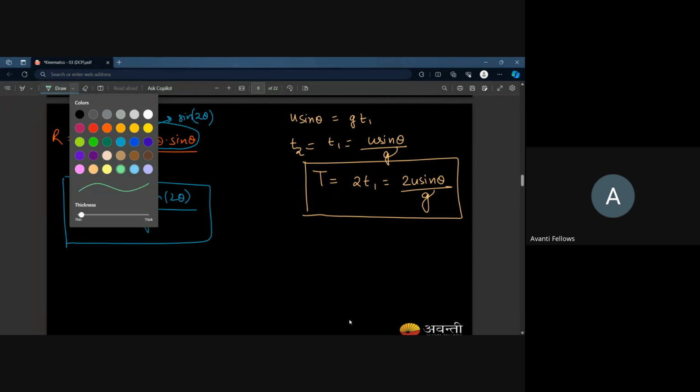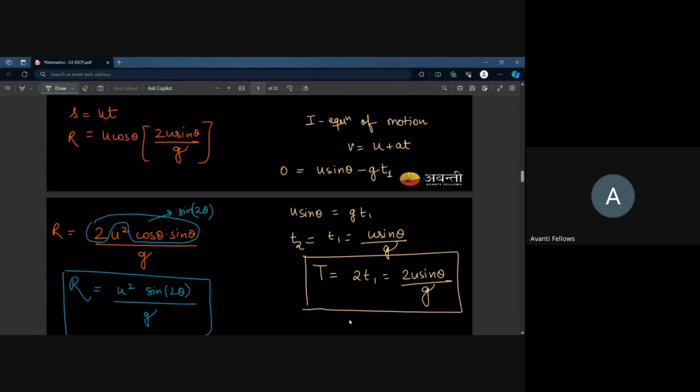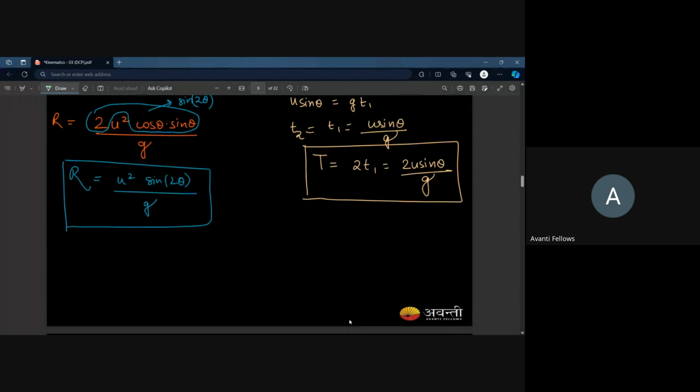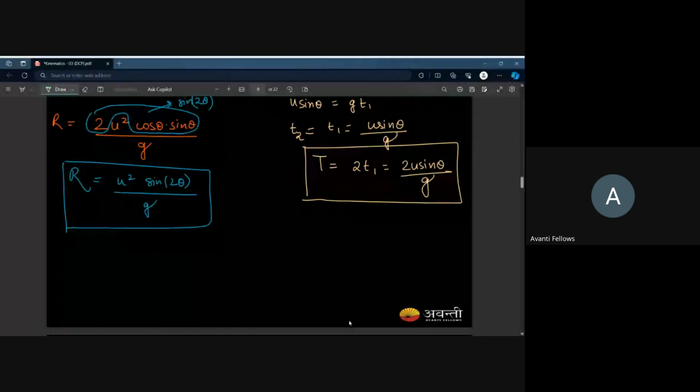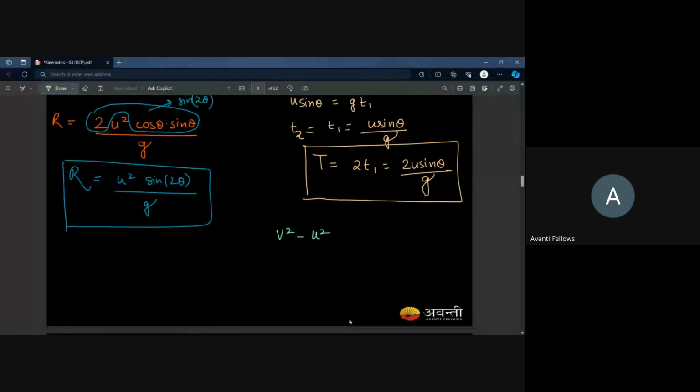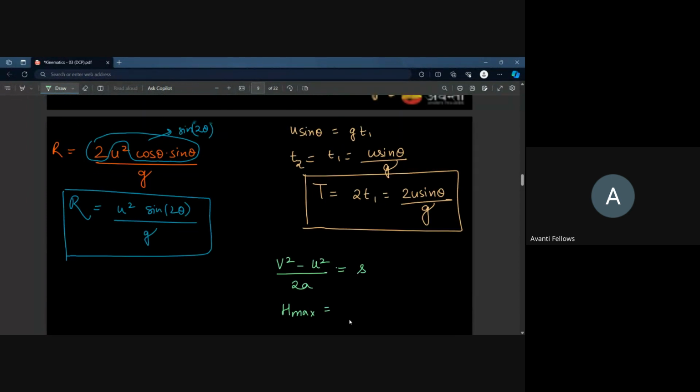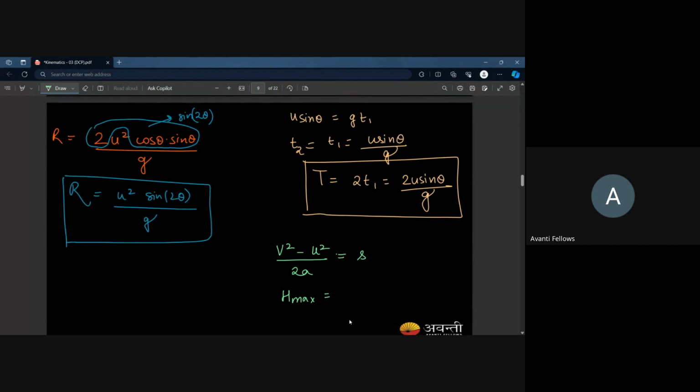Now we can calculate h max also. H max would be s equals ut plus half at square. Sorry, since we have the privilege that the final velocity is 0, we should use the third equation: v square minus u square divided by 2a equals s. So h max would be u square sine square theta upon 2g.